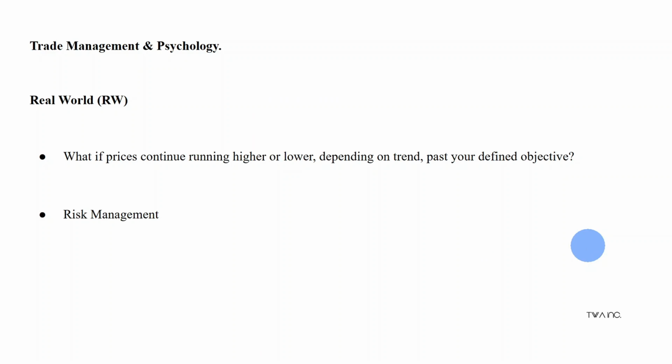You probably did not notice, and that's how you can have the risk management come out here. So I'm still talking about what if price continues running higher or lower depending on trend, and that's why we must always validate the current market prices with respect to the dealing range they are trading into and the underlying order flow. Those are the key factors. You want to validate the higher time frame institutional order flow, and where prices are with respect to the dealing range.